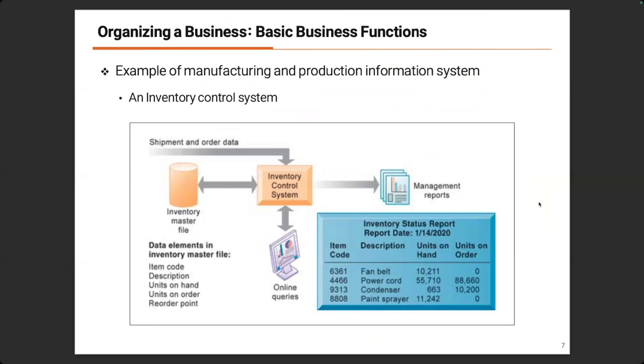Managers can see from this kind of report how well production is going and whether production rates and inventory management meet their business plan. So this information system can improve the efficiency of the manufacturing and production function in a business firm.